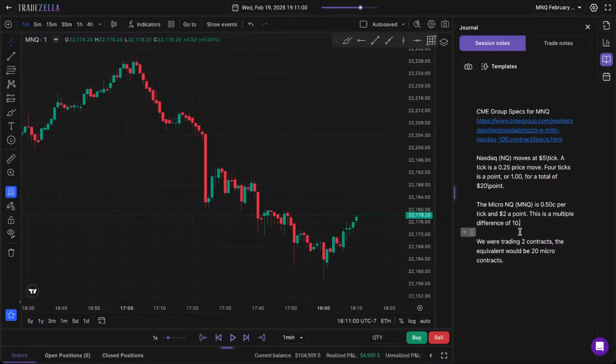Wait, here we go again. Boy, simple math is not simple in my brain. $20 a point, 100 points would be $2,000. So 2 contracts, $4,000 for a 100-point move. Is that right? Yes, that's right.